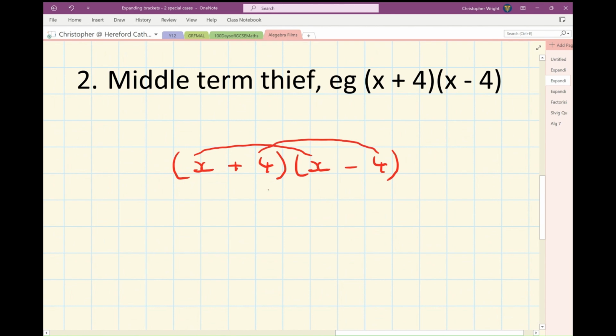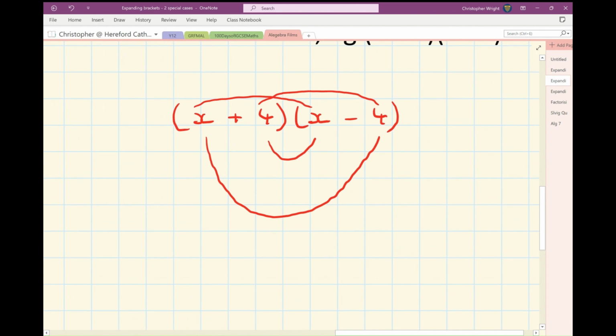And then I'm going to have the nose and the mouth. So I've got a first eyebrow, x times x, which gives me x squared. A second eyebrow, plus 4 times minus 4 is minus 16. Now my nose, plus 4 times x is plus 4x. I'll write the plus there. And the mouth, x times minus 4 is minus 4x.